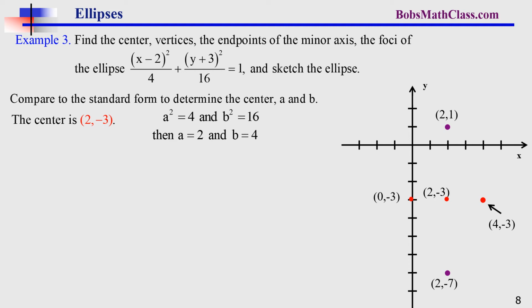See, all we're doing is adding 4 to the -3 to get our vertices. -3 plus 4 is 1. -3 minus 4 is -7. But it's easier just to count. 4 up, 4 down, 2 left, 2 right. Draw your ellipse.